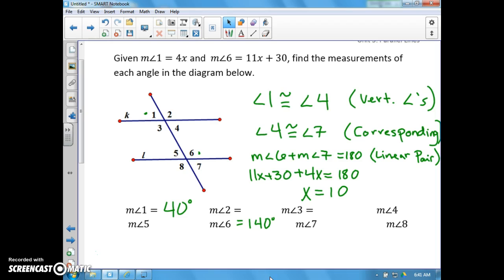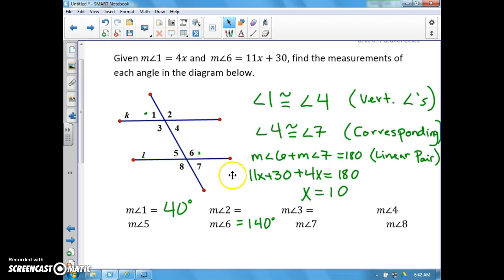So I'm going to have to do a little bit of thinking to figure out how they might be related. Now, I know that angle 1 and angle 4 are congruent because they're vertical angles, and vertical angles are congruent. And angle 4 and angle 7 are corresponding angles. So angle 4 must be congruent to angle 7. And if you look, angle 7 and angle 6 form a straight line together, so they must be a linear pair.